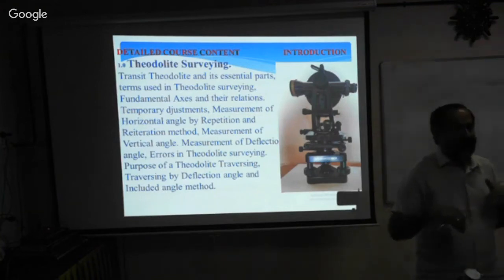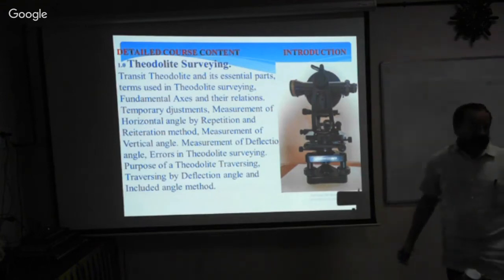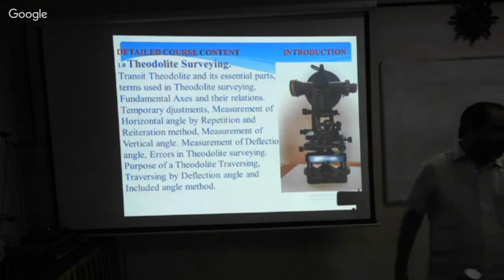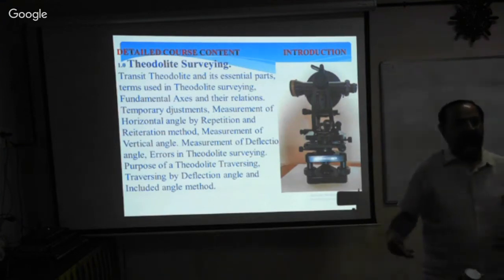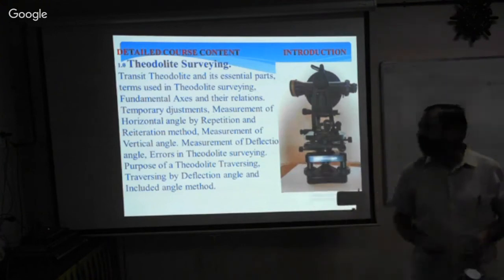One should understand this. Now, in this chapter, in this theodolite surveying, we are going to measure the horizontal angle, the vertical angle, then how to prolong a straight line, and there are so many things, and how to do traversing. All those things will be studied in this chapter, isn't it?